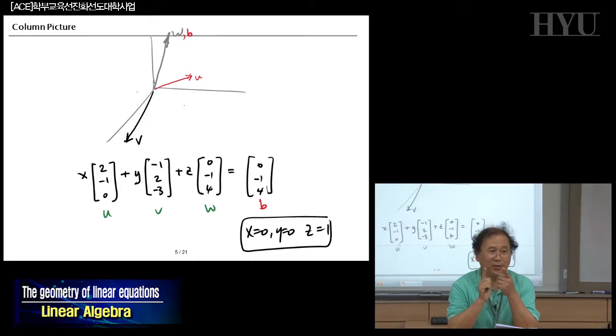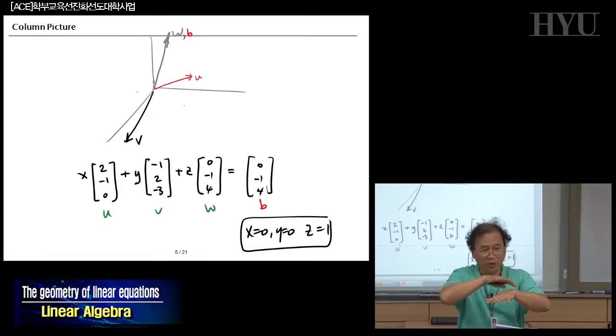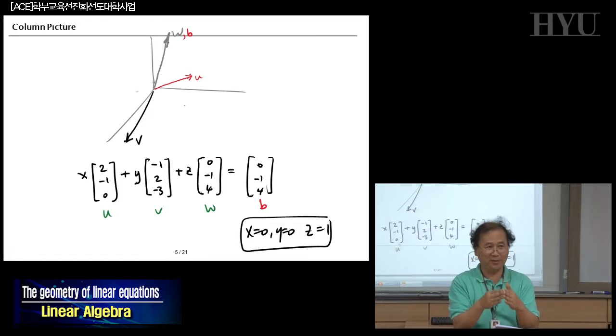So here we have the concept of column picture and row picture. Also, I'm still mentioning whether you have a unique solution, no solution, or infinite solutions. I tried to explain graphically, geometrically, what's the case when they're parallel or they meet or are the same line or whatever, right? Okay.